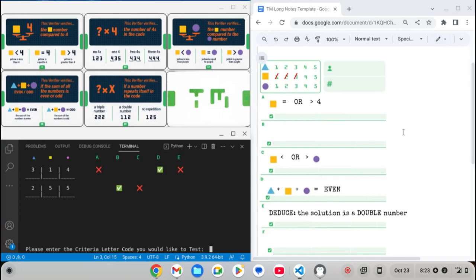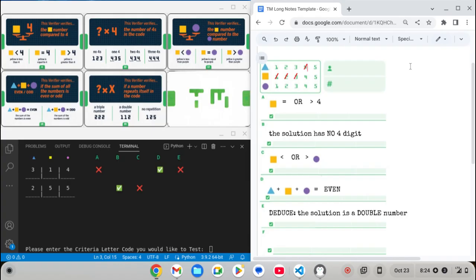Let's go ahead and type that up in B, and we'll say that the solution has no 4 digit. Wow, that really was very fortunate, because now we know what square is.